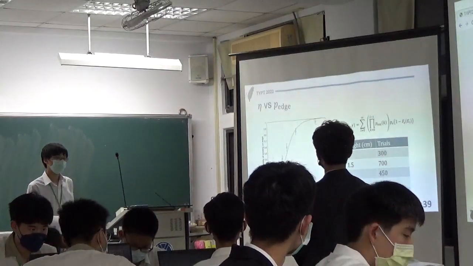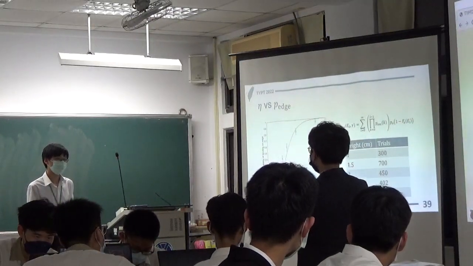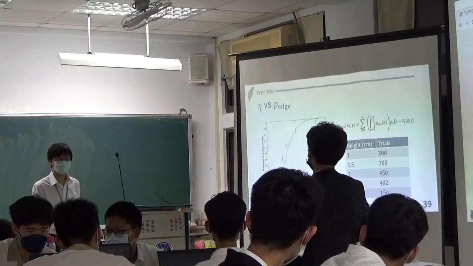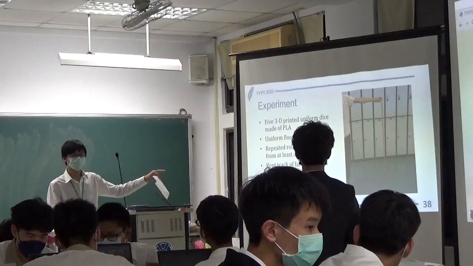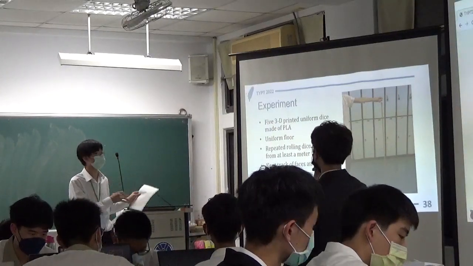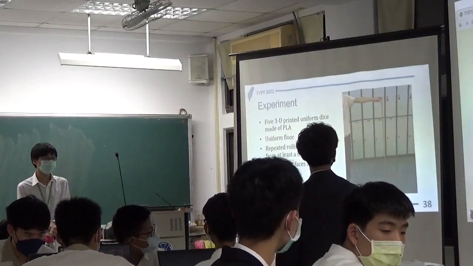Wait, how do you make sure that the mass is equally distributed? Do you mean density is equal? Yeah, the density. Yeah, sorry, we printed these dice. They're 3D printed, and they're made out of the same material, PLA. Okay. Yes.